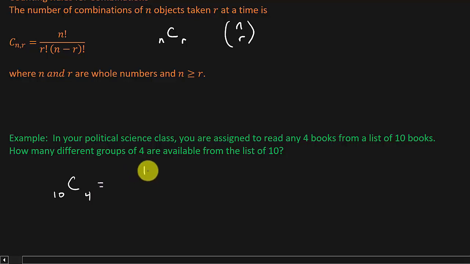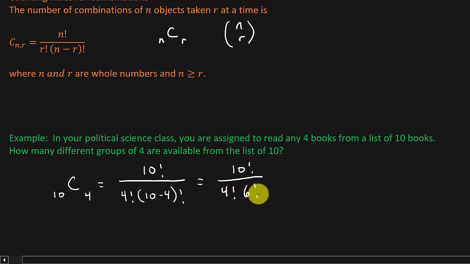And so this is going to be 10 factorial, n is 10, r is 4, over 4 factorial times 10 minus 4 factorial. And so this is 10 factorial over 4 factorial times 6 factorial.